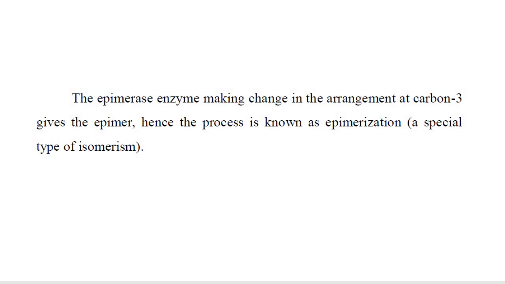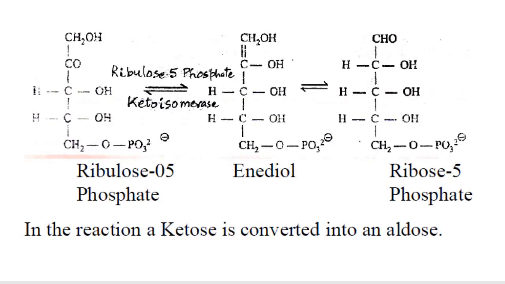Now the epimerase enzyme making a change in the arrangement at carbon 3 gives the epimer. Hence, the process is known as epimerization, a special type of isomerism you have read in carbohydrate chemistry. Now, you can see the ribose phosphate, enediol, ribose 5-phosphate. In the reaction, a ketose is converted into aldose.